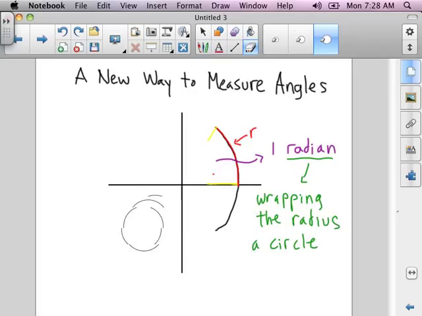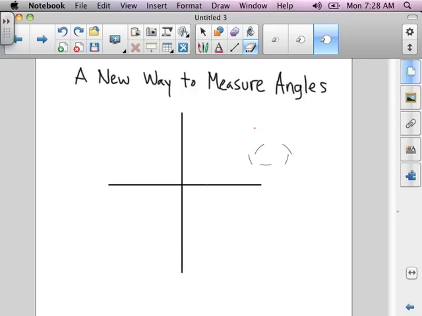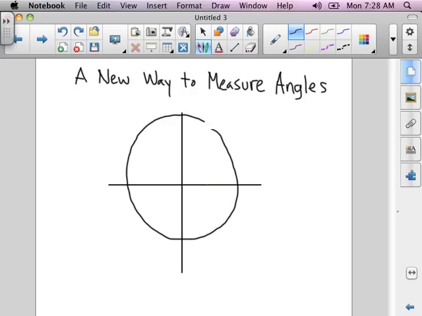So let's say we had another circle, and we're following our angle along on the outside of our circle. It's not a perfect circle, but bear with me. We have our initial side. And in this problem, let's say we actually know the radius. Let's say my radius was 5. Now I'm going to start wrapping my radius around the circle.